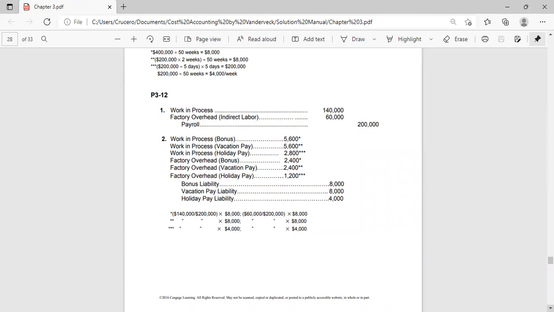Using the information in 3-11, prepare the entries to 1, distribute the weekly payroll, and 2, record the costs and liabilities related to the bonus, vacation, and holiday pay, assuming that the fringe benefits of the direct laborers are charged to the individual jobs worked during the period. So our entry now is to debit work in process for the bonus.